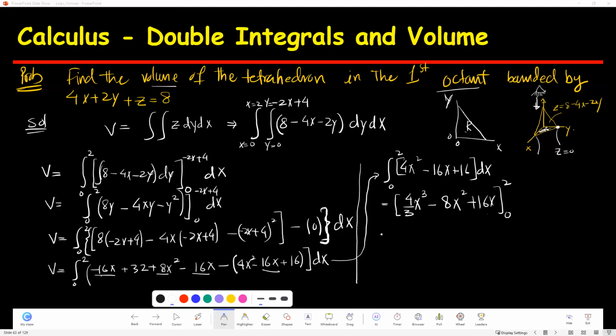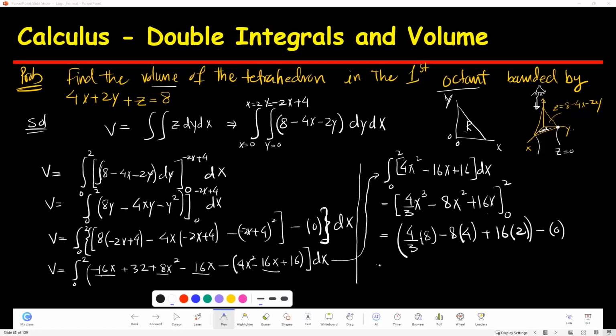Now I'm going to substitute the value: 4 over 3 times 2 times 2 times 2, x squared is going to be 2 times 2 which is 4, plus 16 times 2. Okay, and then minus, if you substitute x equals to 0, everything becomes 0, so I'm going to say just like that.